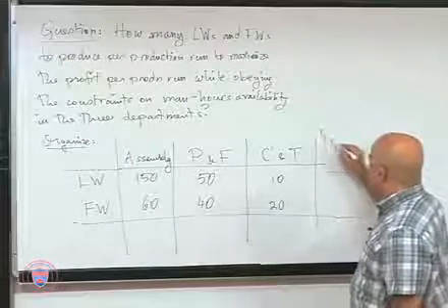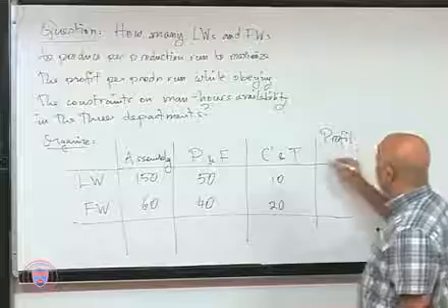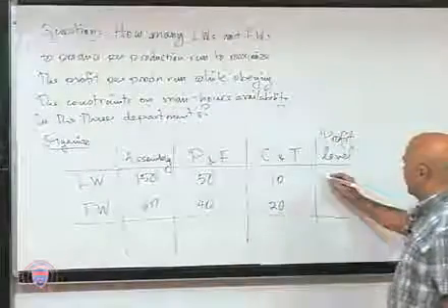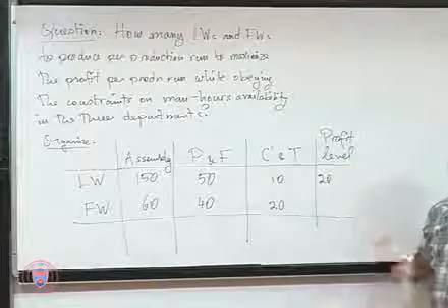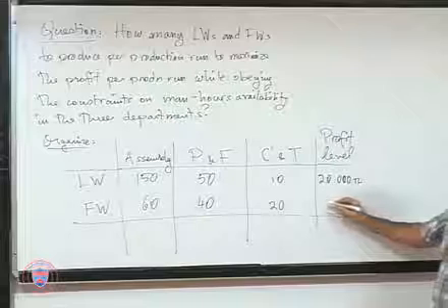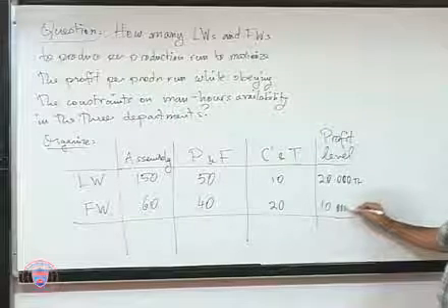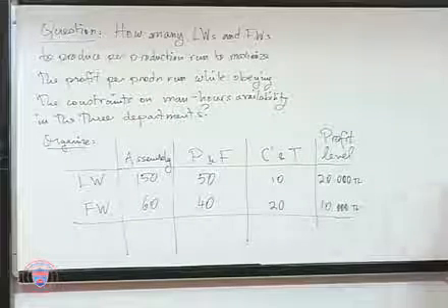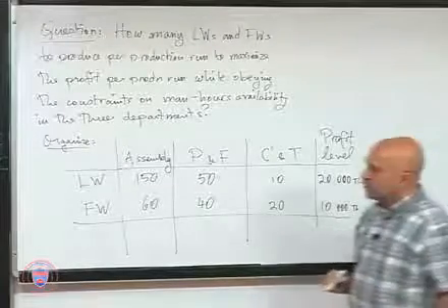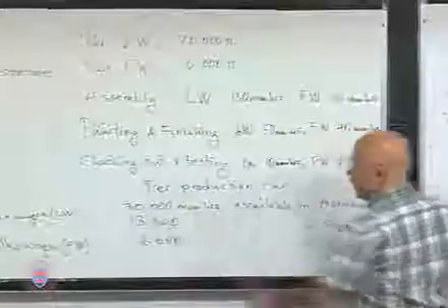Now, what's the profit level? Per Volkswagen, it's 20,000. So we have an extra column here, 20,000 Turkish liras. The other one is 10,000 Turkish liras. And you've got some availabilities in terms of man-hours in each of the departments.